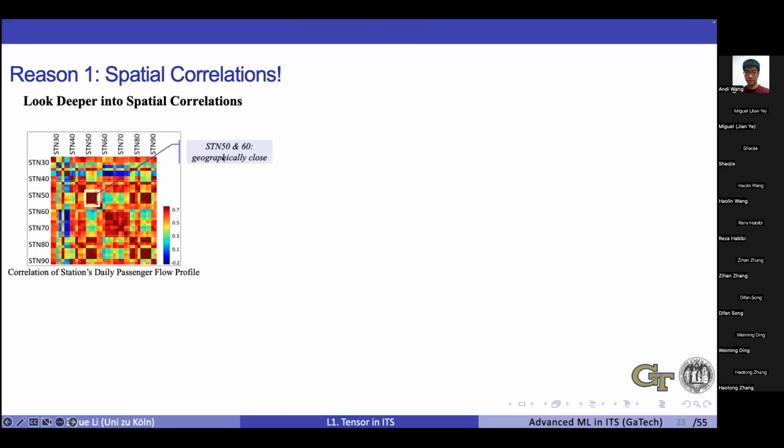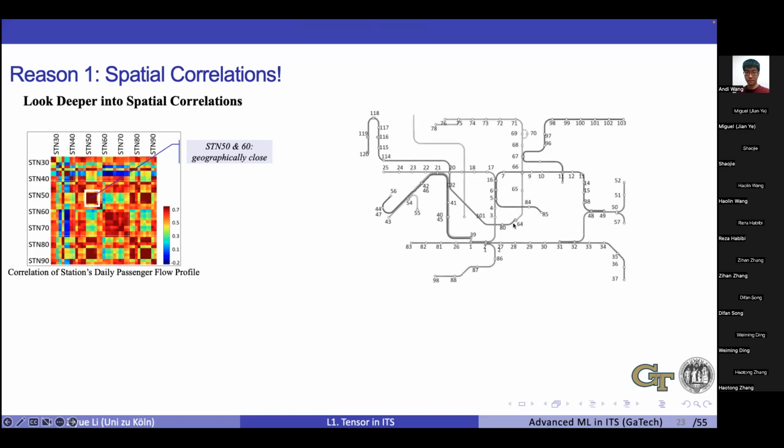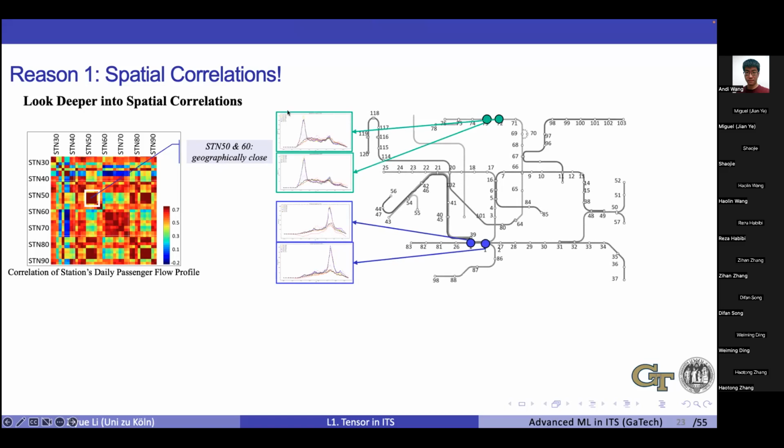We can also see in the map that if we pick 2 really close stations, for example, this one, they both have the evening peak. And if we choose these 2, they both have the morning peak. So being geographically close explains why they have a similar passenger flow pattern.